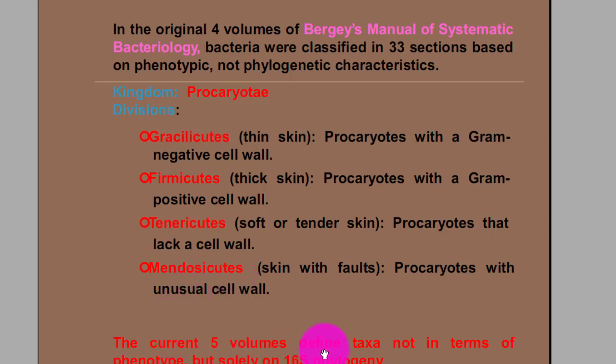The current 5-volume set defines taxa not in terms of phenotype, but solely in terms of 16S rRNA phylogeny. Gracilicutes: prokaryotes with a gram-negative cell wall. Firmicutes: thick skin prokaryotes with a gram-positive cell wall. Tenericutes: soft or tender skin prokaryotes that lack a cell wall. Mendosicutes: skin with folds, prokaryotes with unusual cell wall.